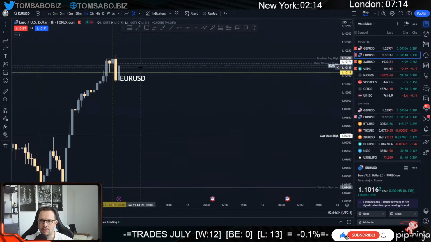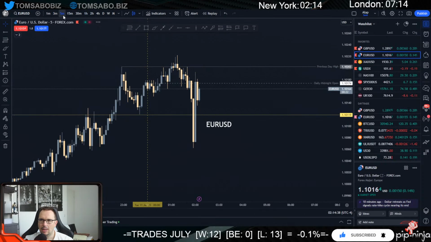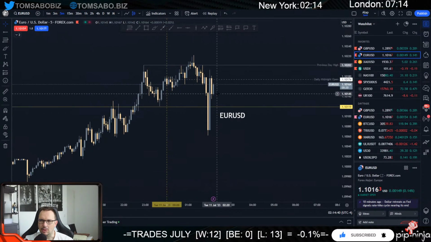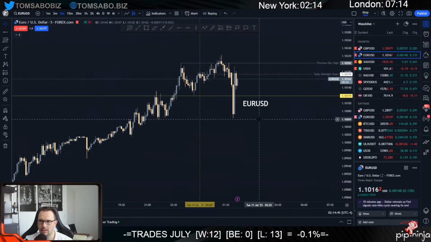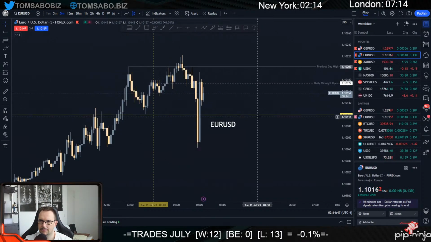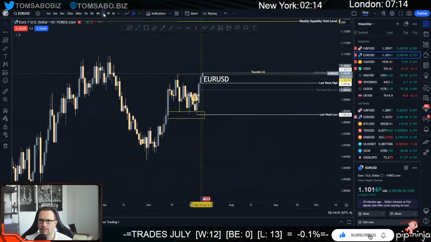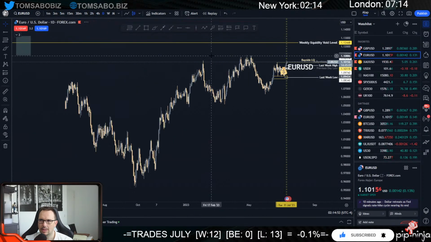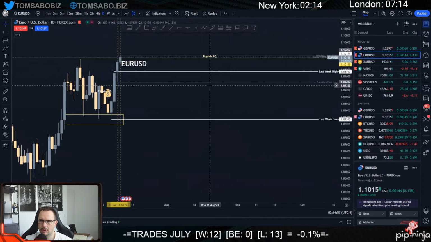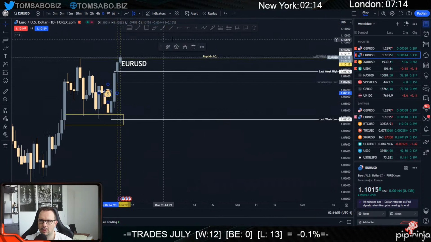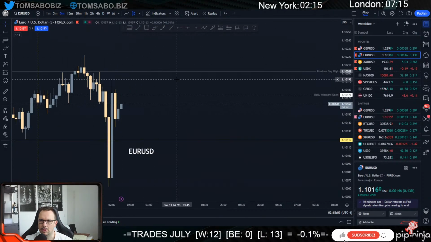Now it's scary to jump in right here, especially on the 1 hour. I would be scared to go short in this area. I'm not saying it cannot happen, but it's just scary. What do we have? Looks pretty bullish for me. This one looks pretty bullish for me.